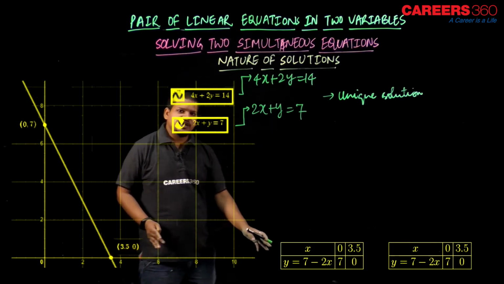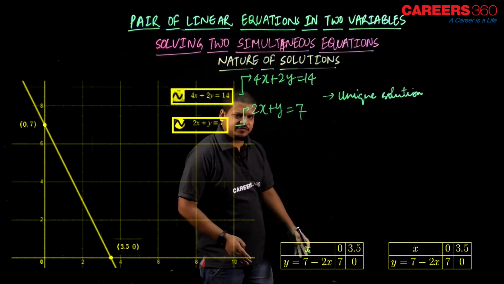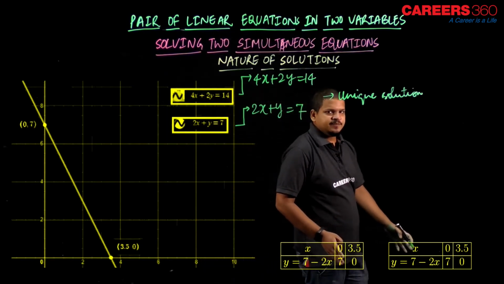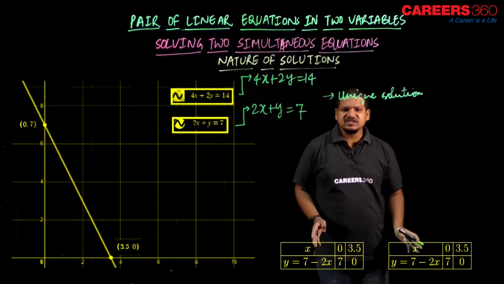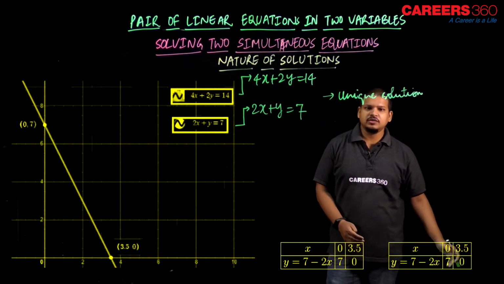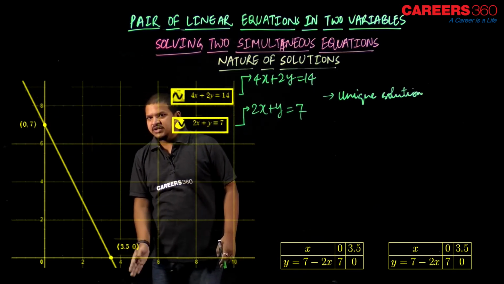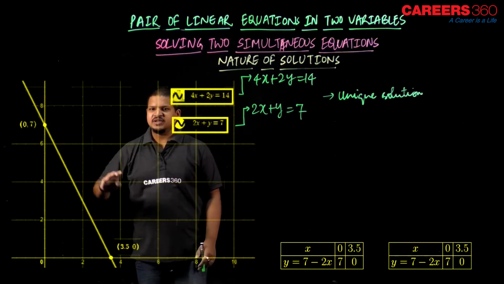So as you can see, this is the table of the first graph, and this is the table of the second graph, and they both are giving me the same values: 0, 7, 0, 7, 3.5, 3.5, right? And that is why these two lines will be totally overlapping each other.